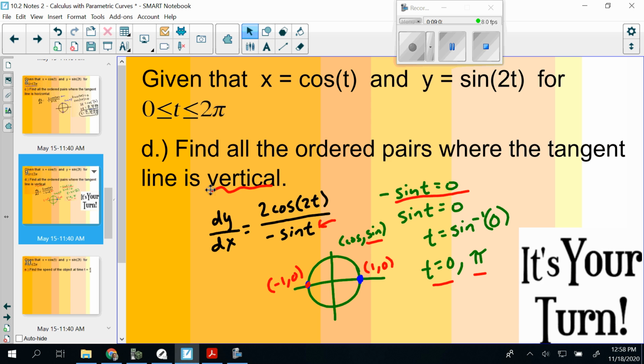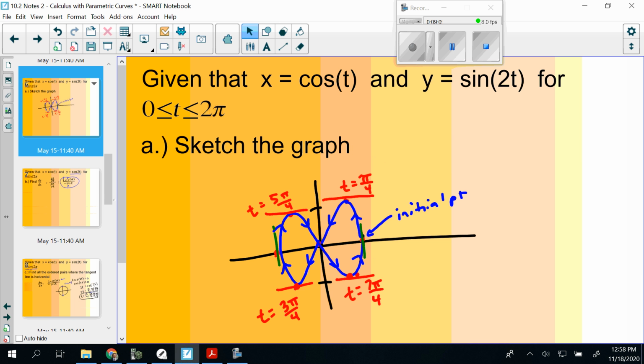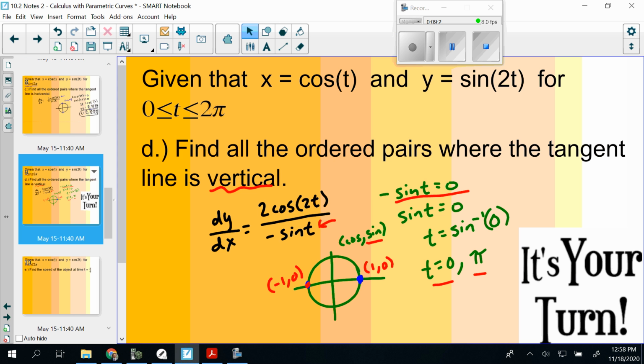If we go back to our picture here, remember this is our initial spot. So yeah, at t equals 0, we got that. And then this point right over here would be where t equals pi. Now, we did this on the last 2 problems, and we probably should have answered the question: what are those points? And remember, to find those, you have to plug them back in.